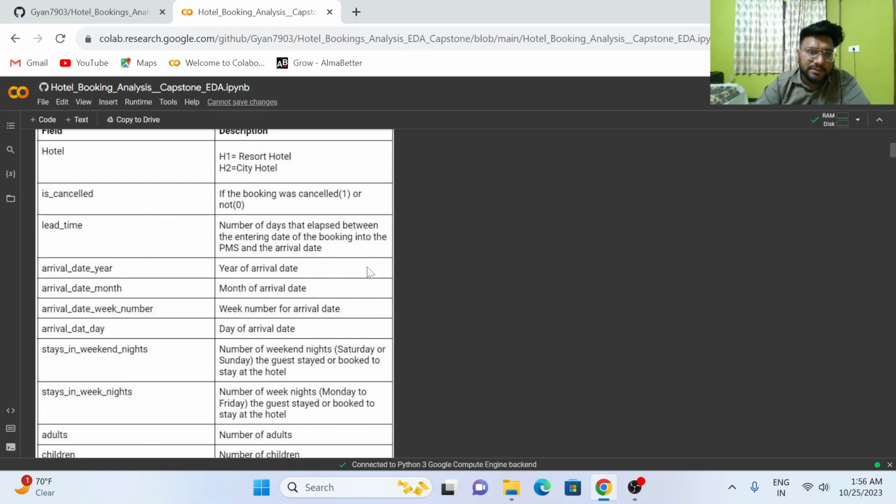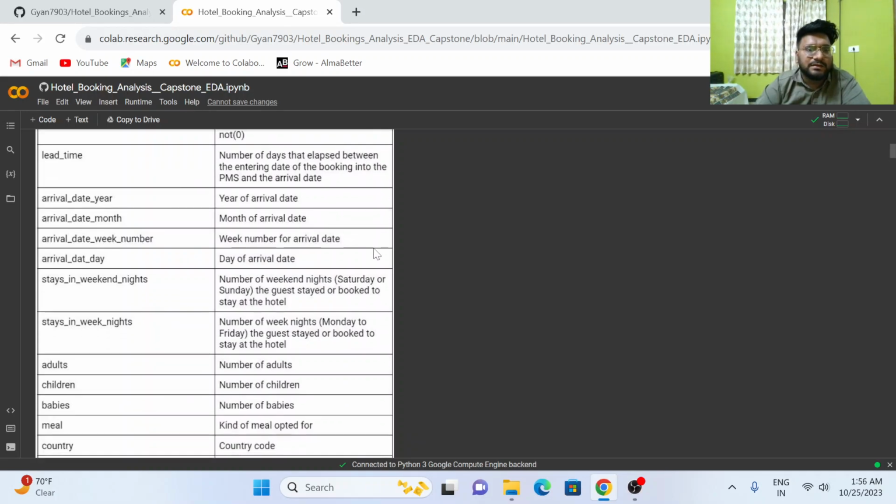The arrival date year will be the year of the arrival date. Arrival date month will be the month of the arrival date. Arrival date week number will be the week number of the arrival date. And arrival day will be the day of the arrival date.